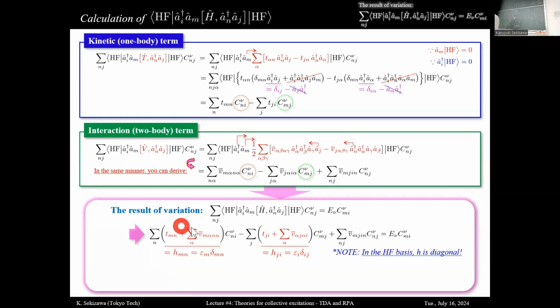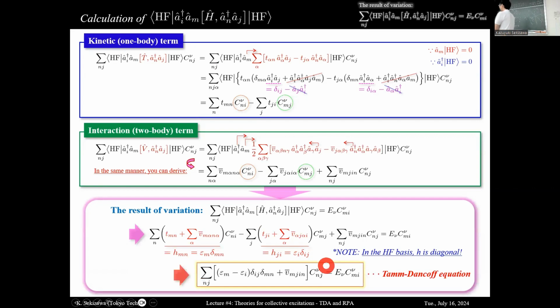And those red colored equations correspond to the Hamiltonian matrix. And we can assume that the Hartree-Fock state diagonalizes the Hamiltonian matrix with eigenvalues, which are the single particle energies. Here I denote it as epsilon, with a Kronecker delta because of these diagonal components.